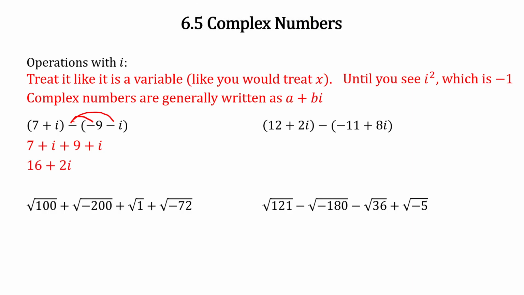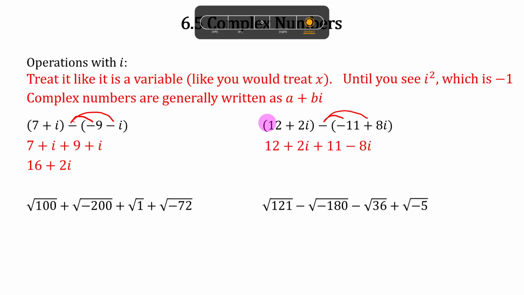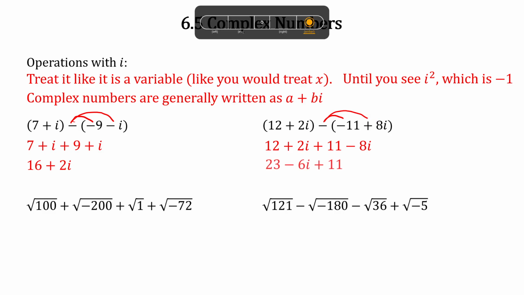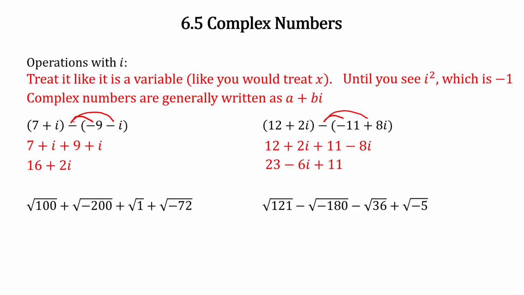You're not even dealing with any squares there. Here, same thing. Distribute the negative. 12 plus 11 is 23. 2i minus 8i is 6i. And there you go.